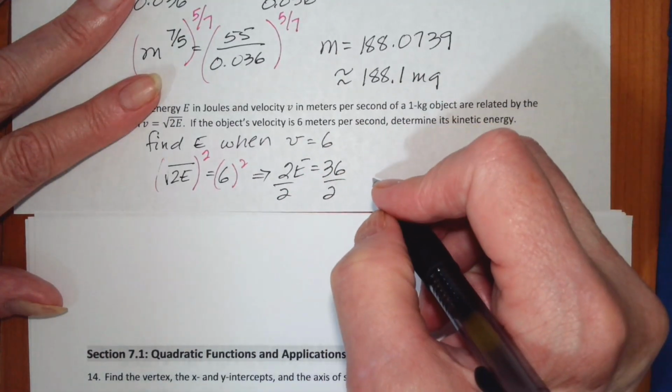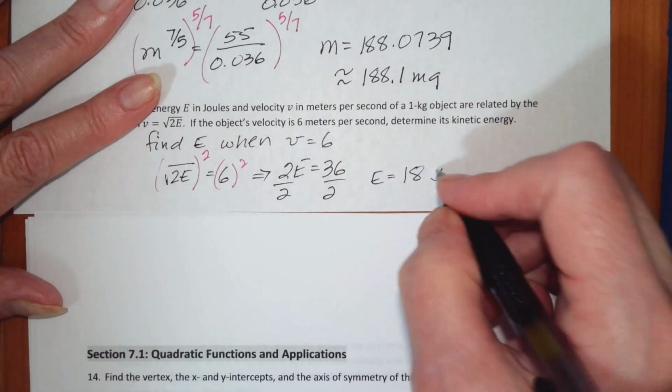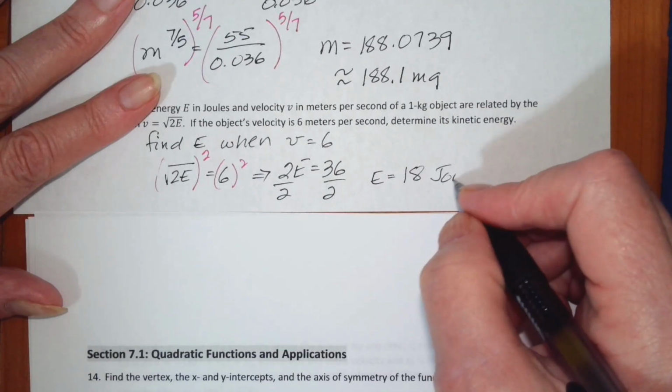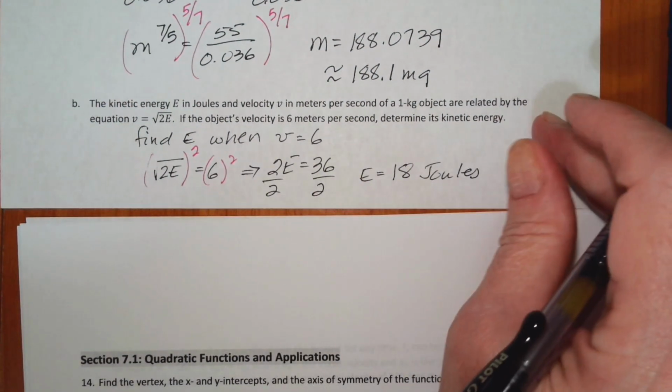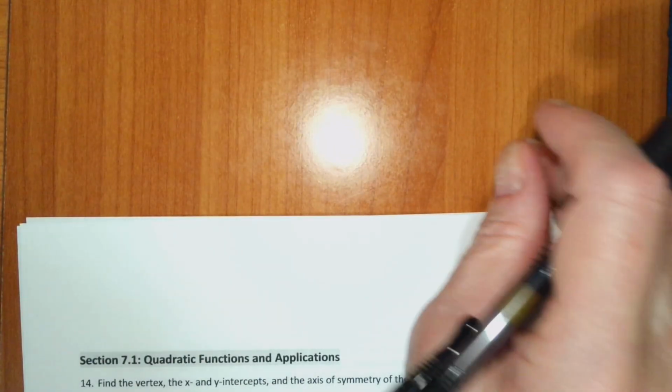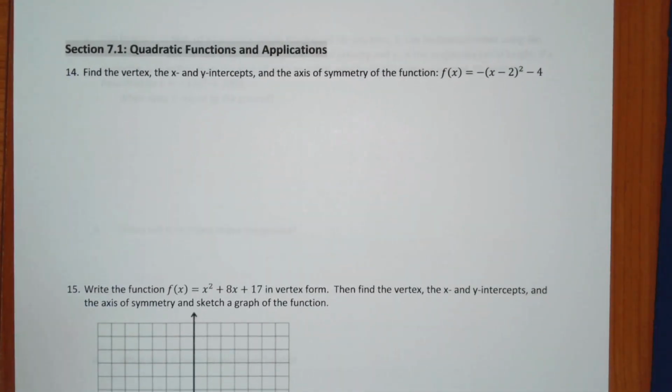When I divide by 2, I get e is equal to 18, and that's joules. All right, so that is the end of the radical and rational. So now we're into the quadratic functions and see what we can do with this.